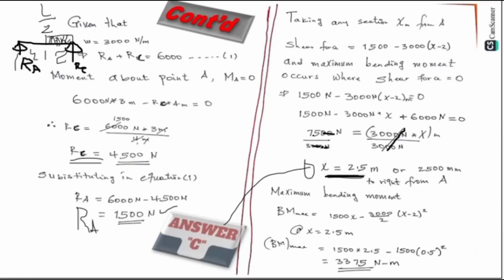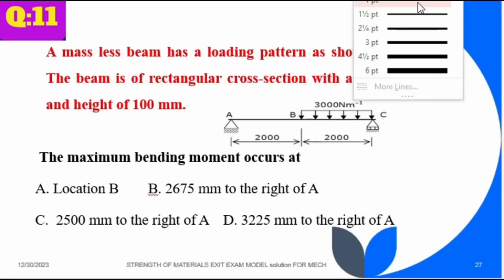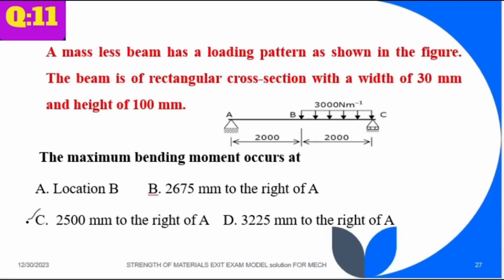The distance at which the maximum bending moment occurs is 2.5 meter right of A, or 2500 millimeter to the right from A. So for the given figure, the maximum bending moment occurs at 2.5 meter right of A, or 2500 millimeter to the right of point A.